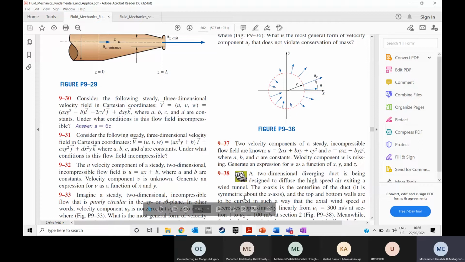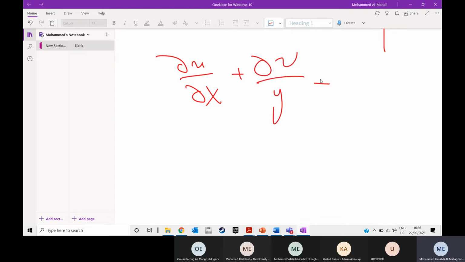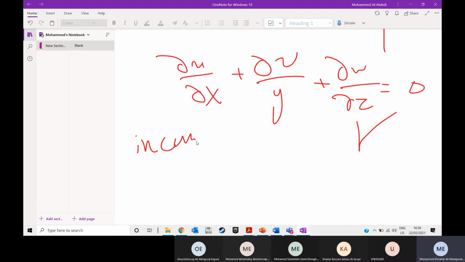We discussed it in the first question. For the flow to be incompressible, the continuity equation for incompressible flow is partial u by partial x plus partial v by partial y plus partial w by partial z equal to 0. If this is satisfied, then the flow is incompressible directly.